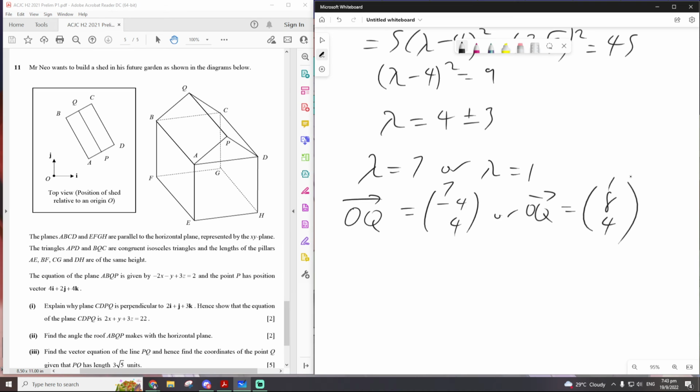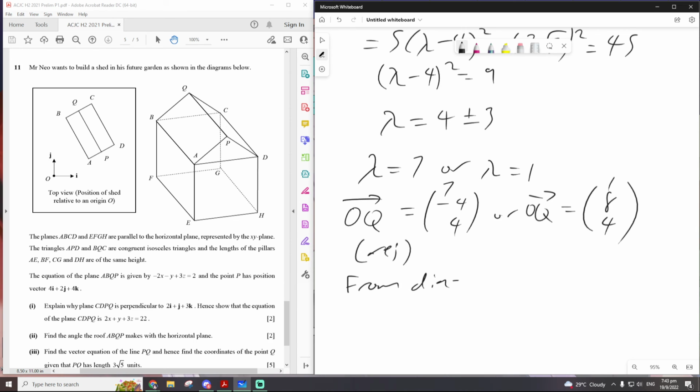But clearly only one of these can be possible, so which one should it be? Actually, the diagram is what gives you the hint. I'm going to reject this one.